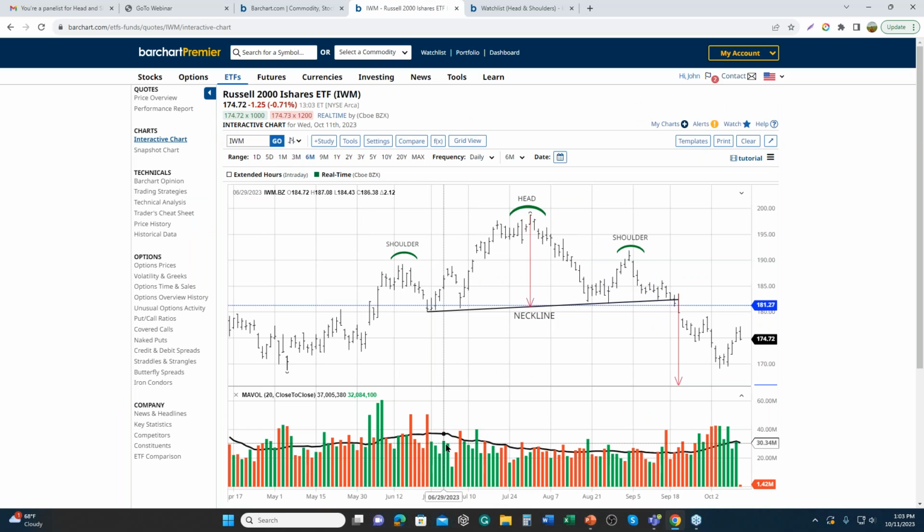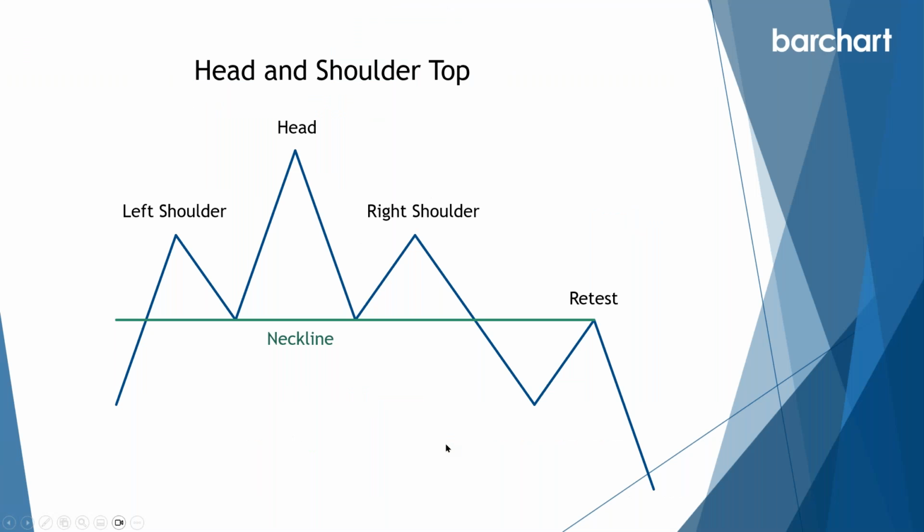The head and shoulders pattern consists of four components: the left shoulder, the head, the right shoulder, and the neckline. Though there are many variations to this pattern and no two head and shoulders are alike, there is this basic generality, this symmetry to the pattern. And the pattern is not complete until price breaks the neckline.